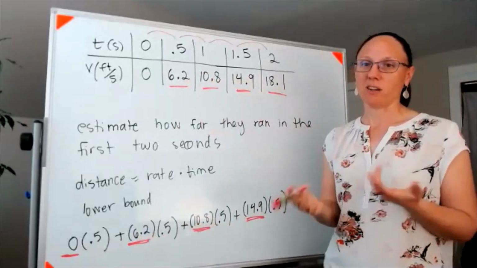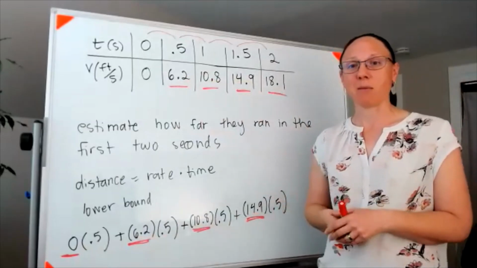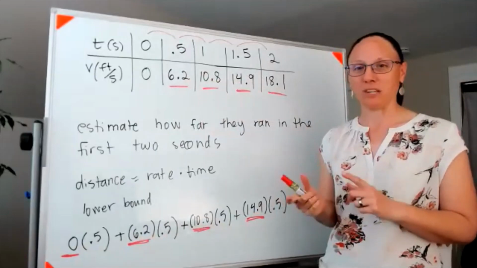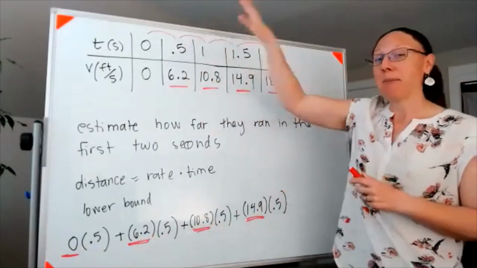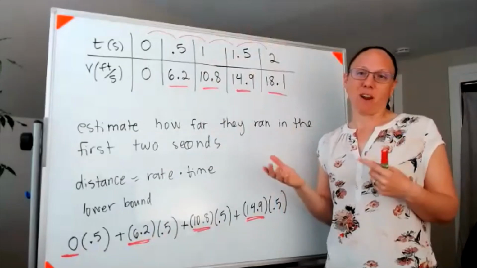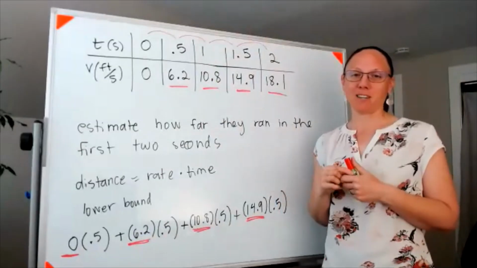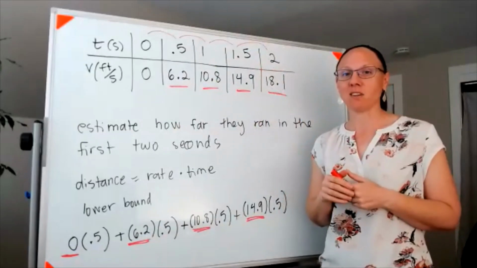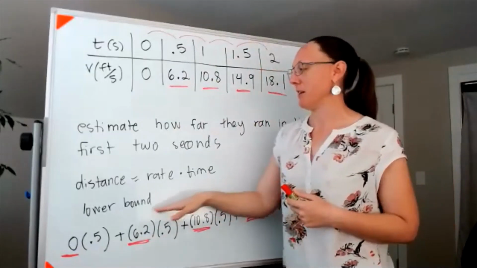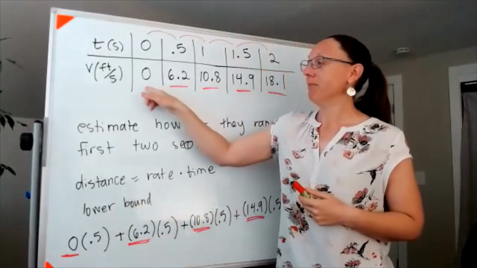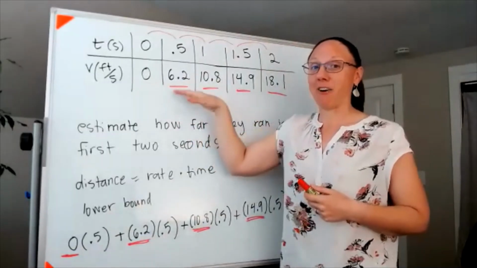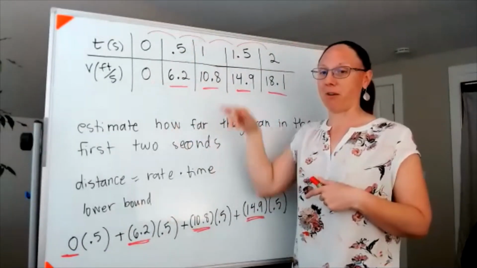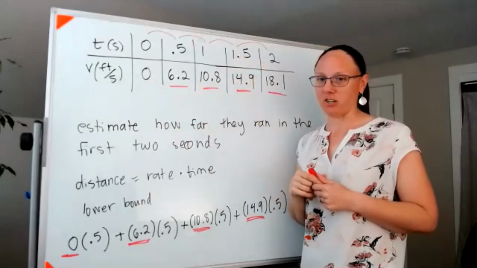We call those a lower bound and an upper bound, or sometimes we refer to those as left-hand endpoints and right-hand endpoints. In this case, the left and right makes less sense to me just because we're not exactly looking at a graph. We've got a table of values. So I think about it as the lower bound choosing the lowest value in each interval, and the upper bound choosing the largest value in each interval.